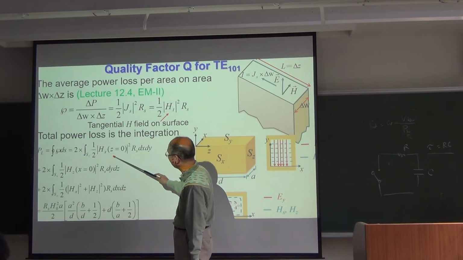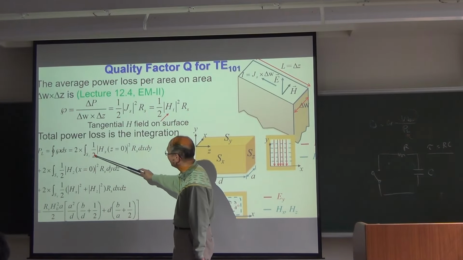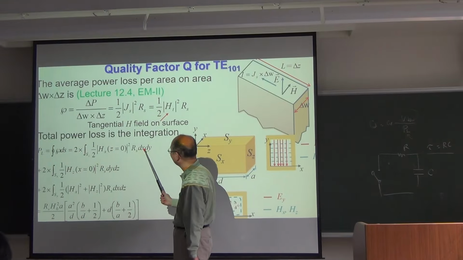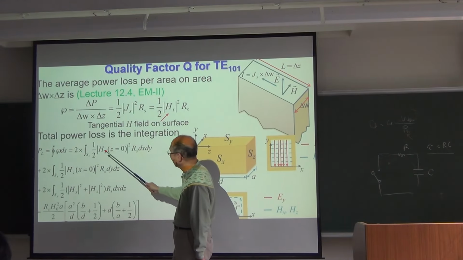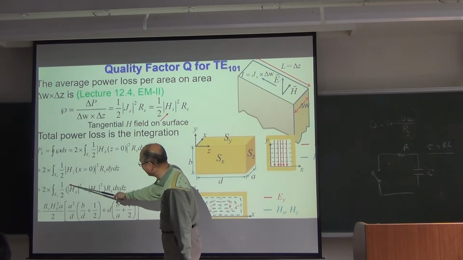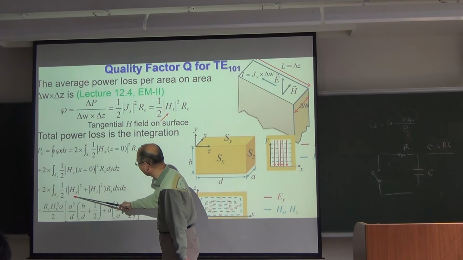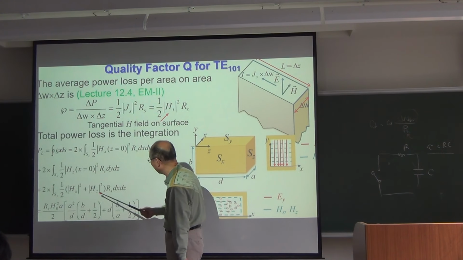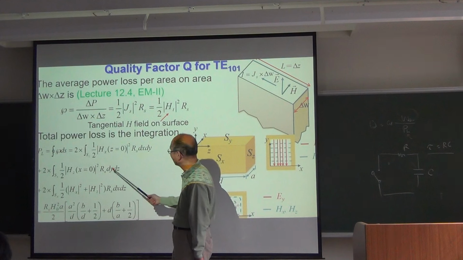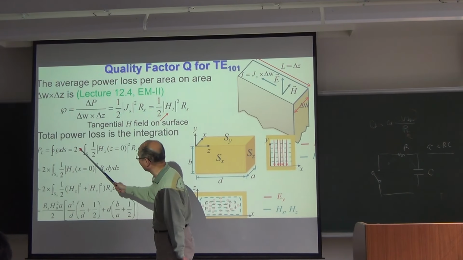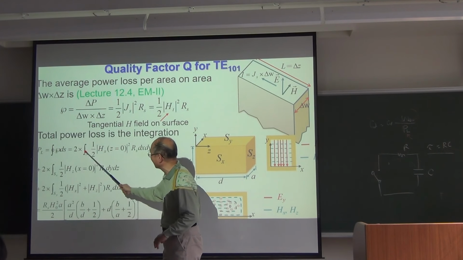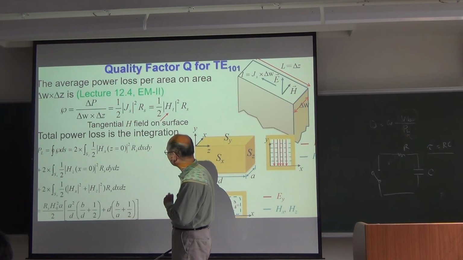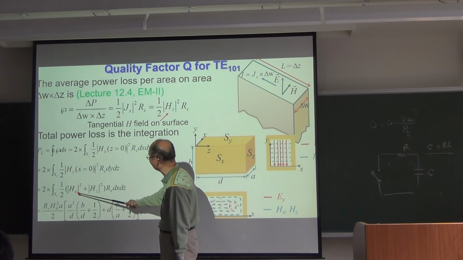For example, for this Hx, you have 2 surfaces along Z direction, and then you have 2 surfaces along Y direction. So here and here you have 4, totally 8 surfaces that you need to do the calculation.